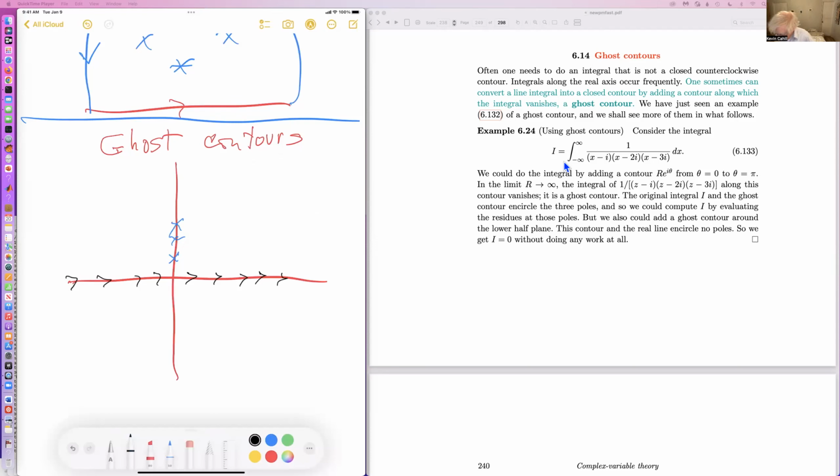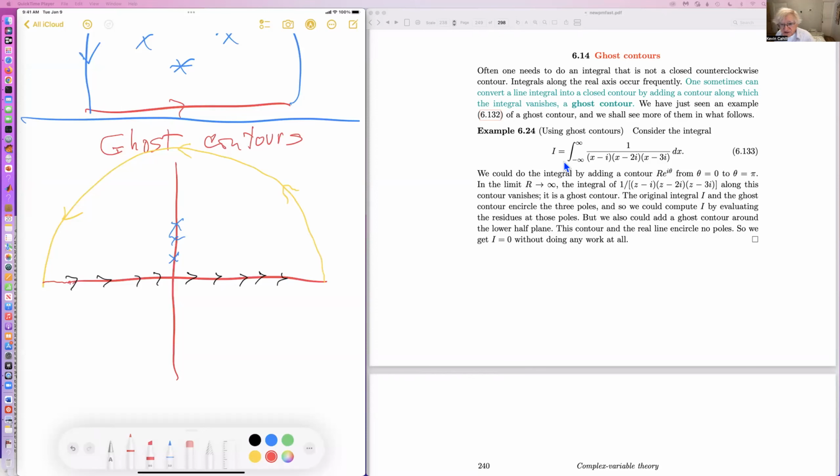And so what can we do? Well, the natural thing to do is to add a ghost contour, and I guess maybe I'll write it in yellow. And that's a contour on which the integral, in fact, vanishes.